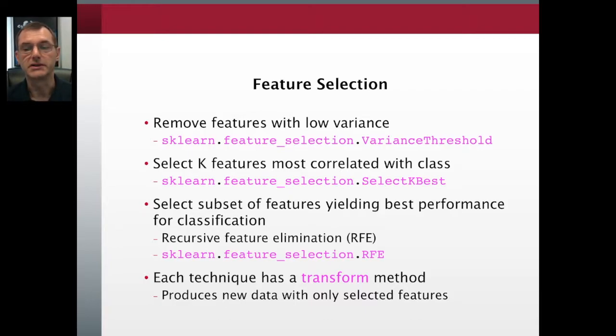Another approach, which does use the class information if you're ultimately doing a prediction task, is to look at the correlation between a particular feature and the class value. So features that are correlated with the class we're more interested in using, as opposed to features that are uncorrelated with the class.